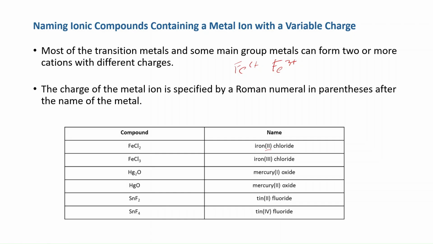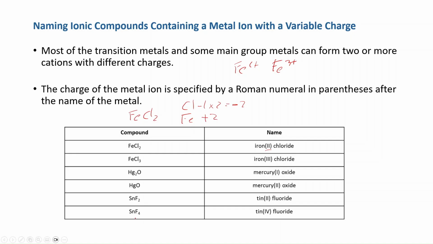The question is, okay, if they give me the formula, how do I know? Think about it. Chlorine, let's use iron chloride, iron 2 chloride. You know chlorine is -1, you have 2, so you have 2 negative charges. That means that the iron, to be electrically neutral, has to have 2 positive charges, so it's iron 2.